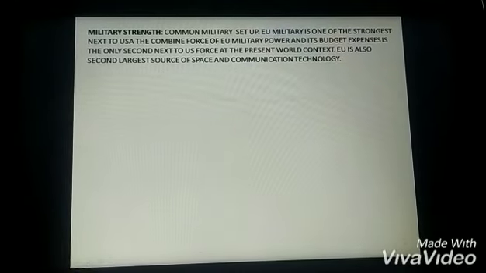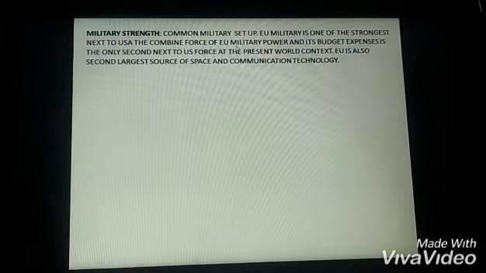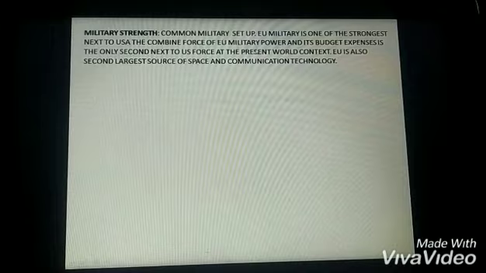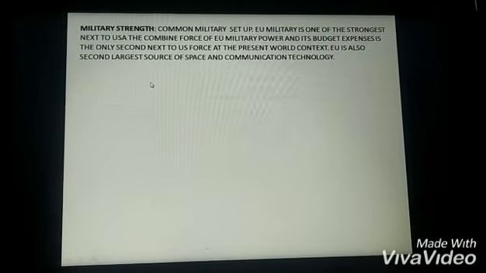Even the combined 27 members of EU cannot be compared with the budget that USA is spending on its security or military.